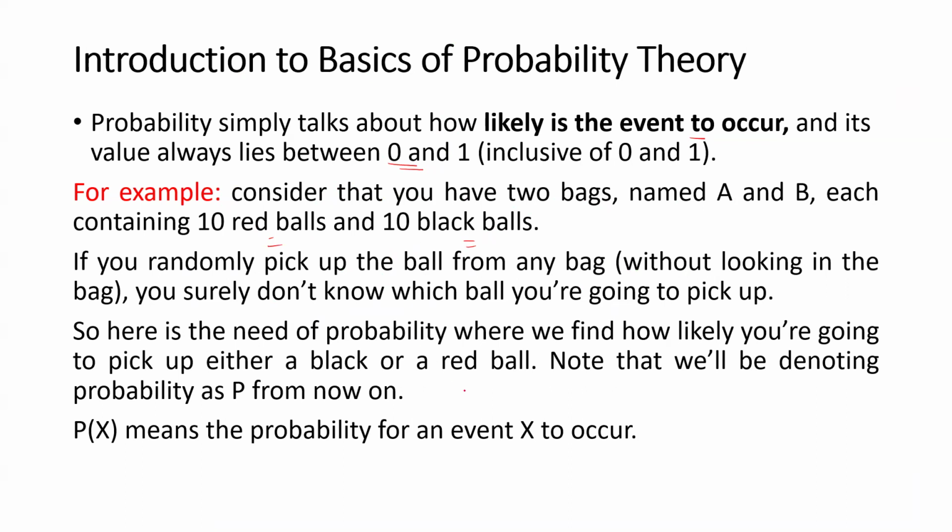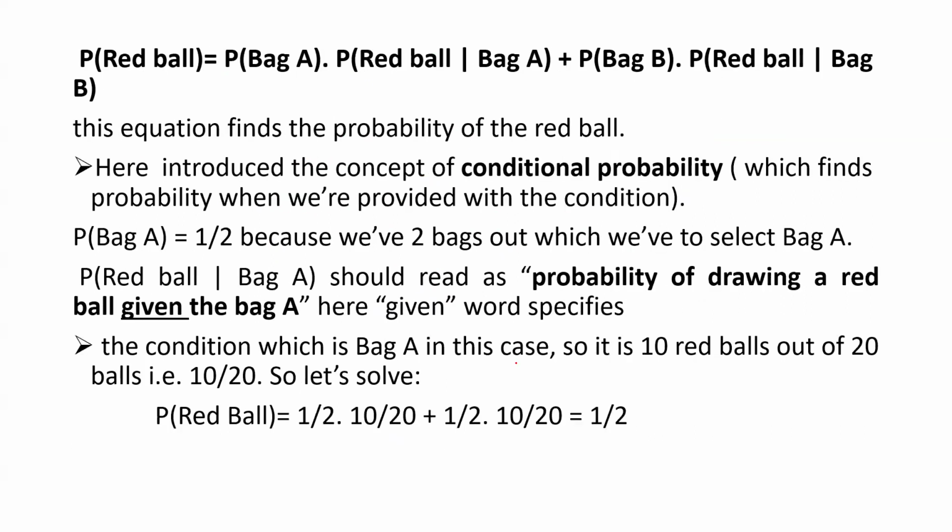This probability is represented by P of x, where P stands for probability and x is the event to occur. Now, the probability of a red ball is equal to probability of bag A into probability of red ball given bag A, plus probability of bag B into probability of red ball given bag B. With the help of this equation, we are going to find the probability of the red ball.